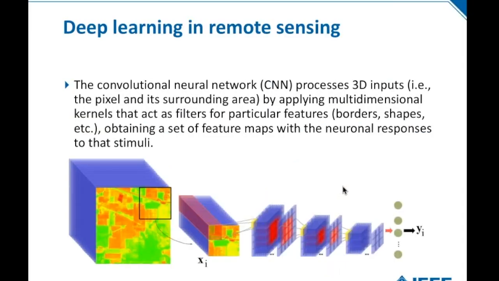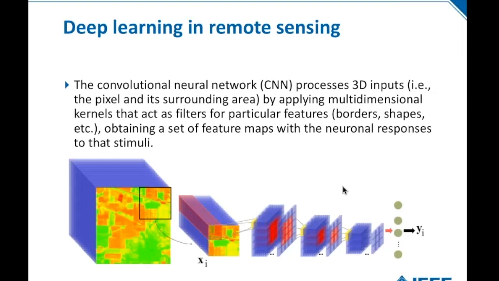Another very successful deep learning model, particularly for classification, has been convolutional neural networks, in which we process 3D inputs. That means that we not only consider one particular pixel, but also the neighboring pixels, the surrounding area. And then we can apply multidimensional kernels that act as filters for particular features.